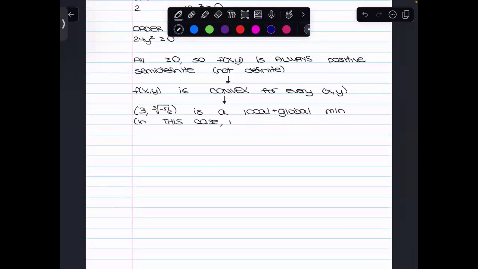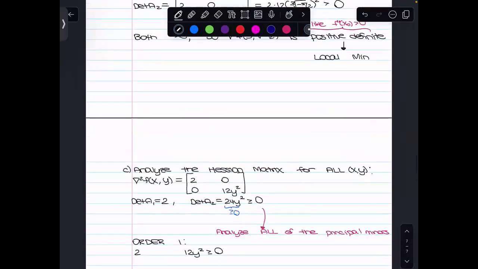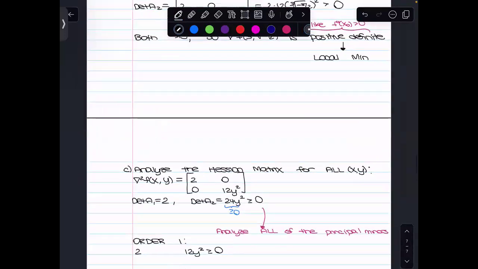Can you repeat how do we say why it is a global min? Yeah, so basically after you figured out that it's a local one, you have to look at the Hessian matrix for the whole function.